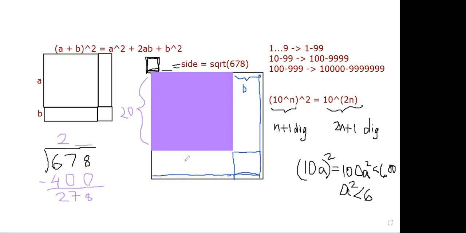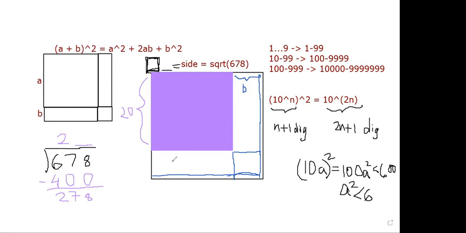So how much is this? You can see there are 2 rectangles and a small square, which is now beginning to look exactly like the A plus B whole square thing, right? So how much are each of these rectangles? 2AB.